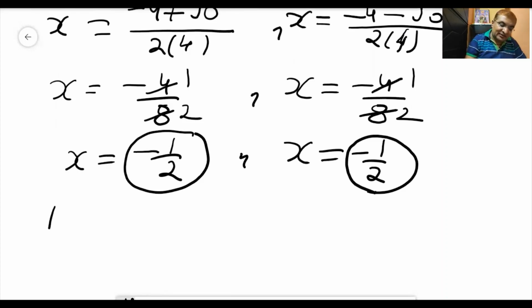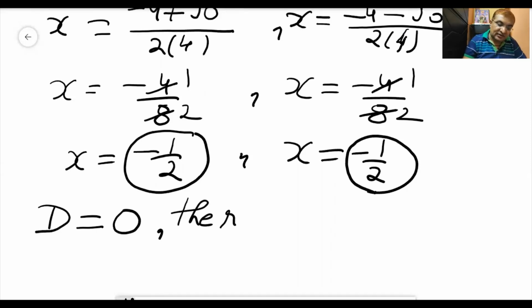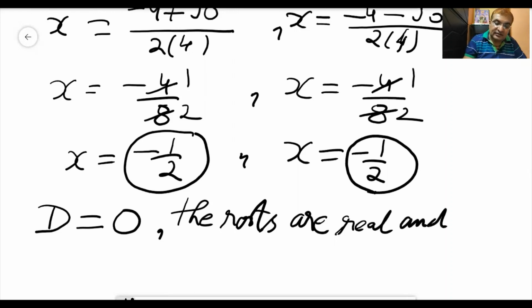So second case, whenever value of d is 0, what we'll say about the nature of roots is that the roots are real and equal. We call them as equal.